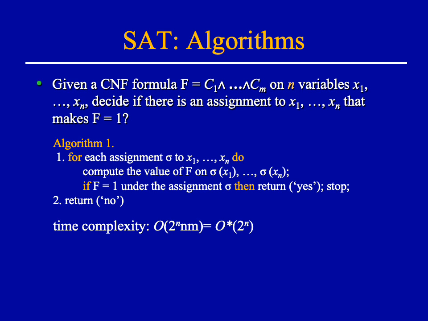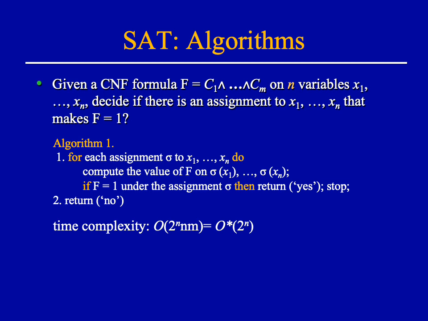This is not very difficult. So let's assume that for a given assignment, you can evaluate if the formula has a value 1 in time n times m. Then the above algorithm gives a complexity of 2 to the n times n times m, for which we write O star of 2 to the n.